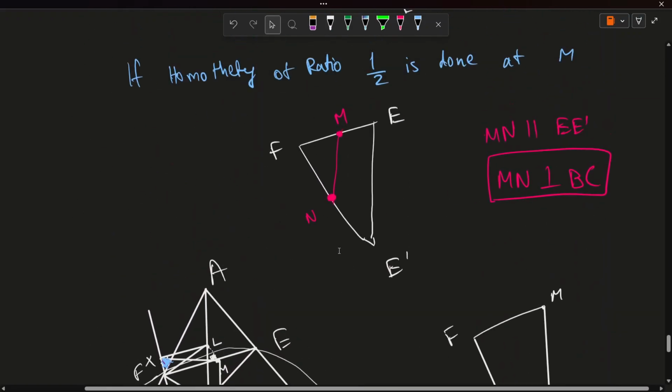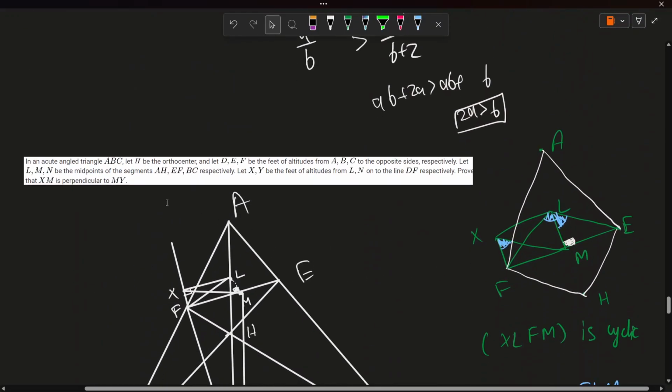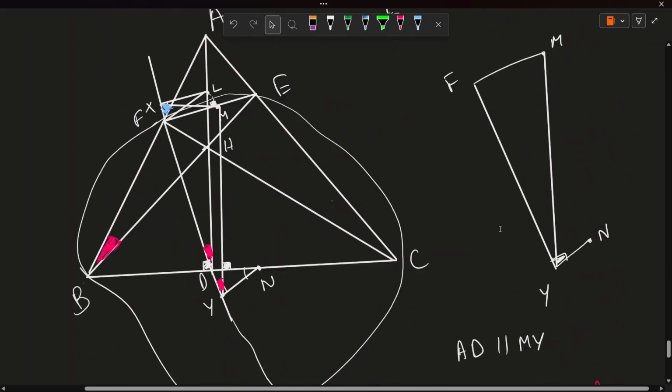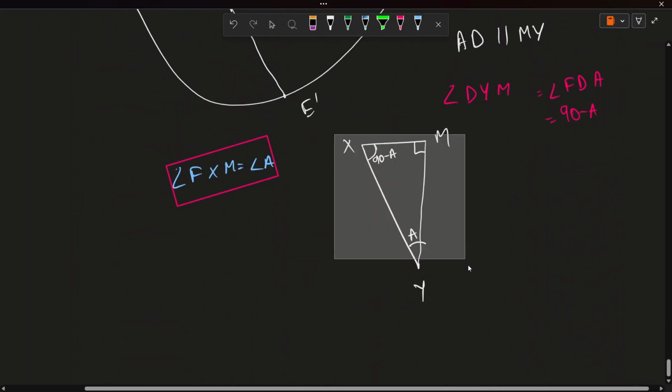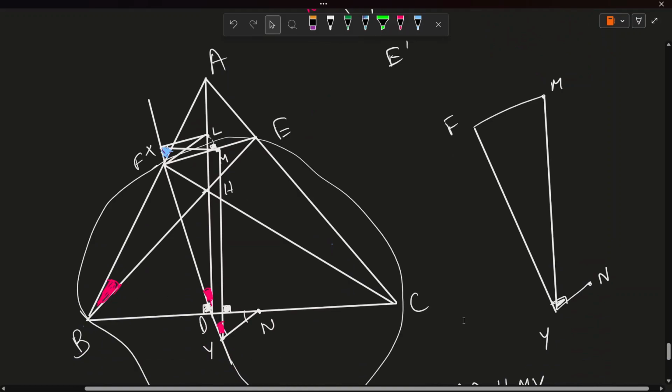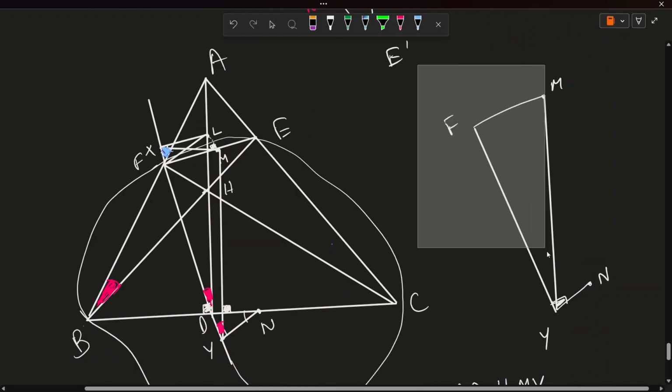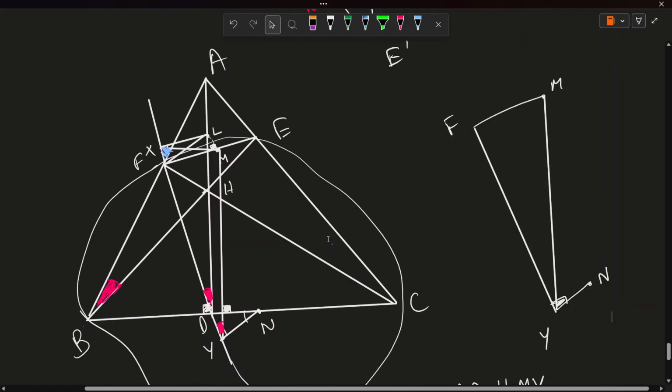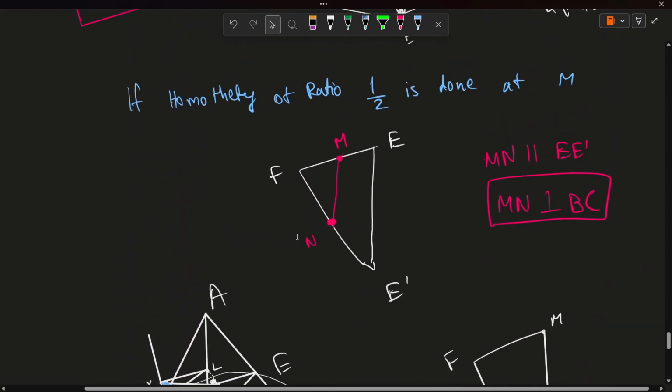Angle XYM is 90, which is basically what is required to prove. XM is perpendicular to MY, so XYM is 90 degrees, and this concludes the proof. A slightly trickier proof using homothety, but I hope that you get all the points. So this was the solution. Thanks.